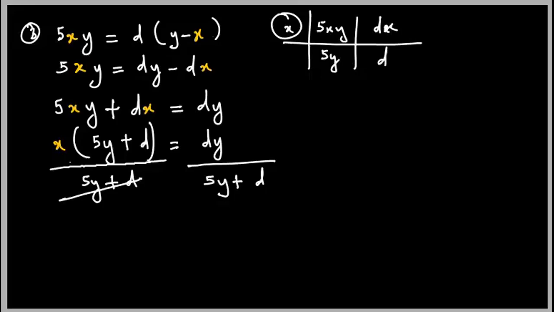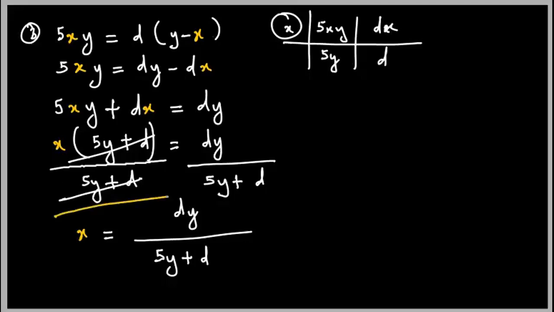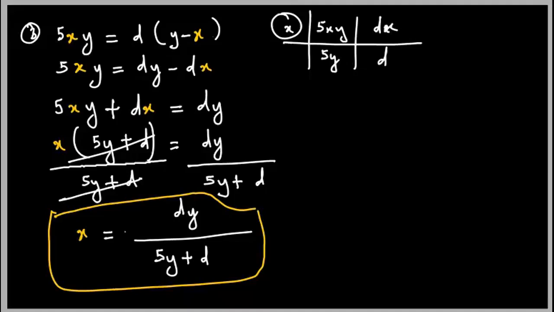So that 5y plus d will cancel out here, and I will have x left. X equals dy in the numerator and 5y plus d in the denominator. And this is my answer for this question. Answer is x equals dy over 5y plus d. Sorry, you can choose to have another form of answer by multiplying the denominator and numerator by -1.